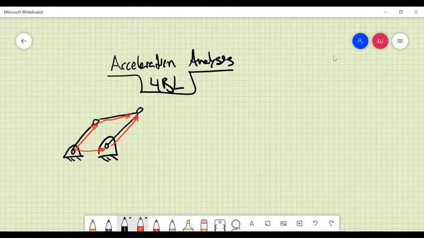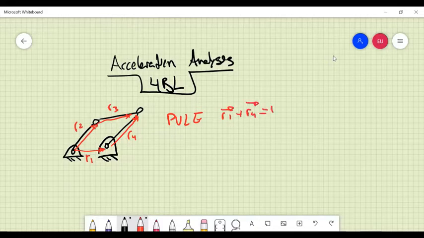Can you remember the labels we use? I think this is R1, this is R4, R2, and R3, so that the position vector loop equation ends up being that one, right? Well, let me correct this.